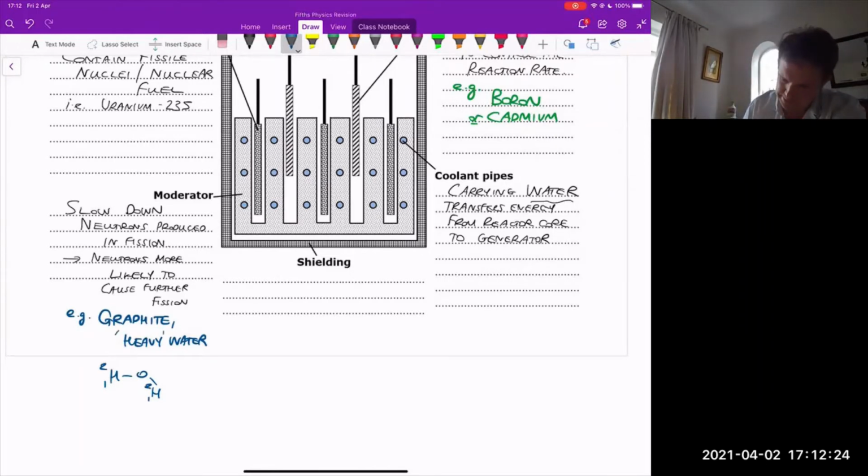Heavy water. Okay, the shielding obviously blocks ionizing radiation and nuclear material from escaping the core.